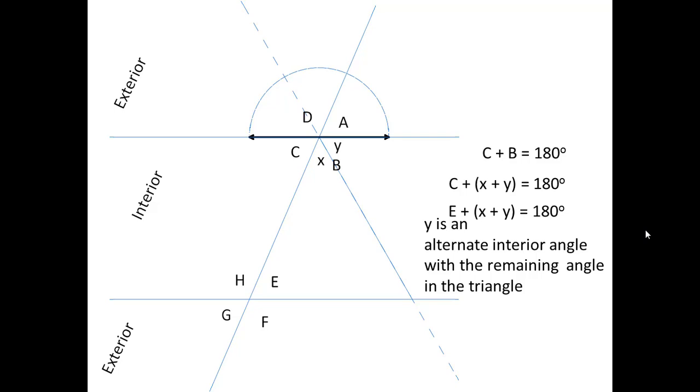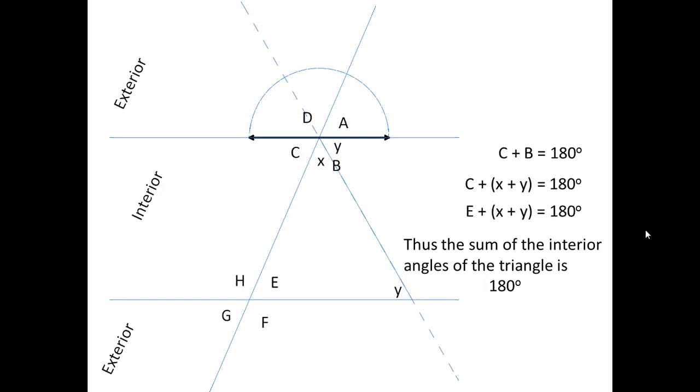And if you study that transect very carefully, you'll notice that the angle Y is an alternate interior angle with the remaining angle in the triangle. And given all of the previous relationships, E plus X plus Y equals 180 degrees. Thus the sum of the interior angles of the triangle is 180 degrees.